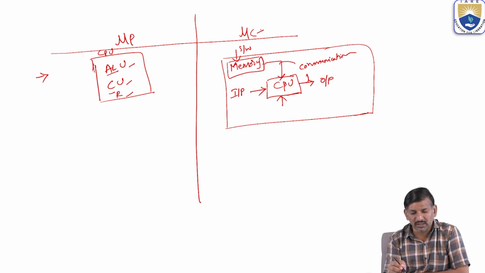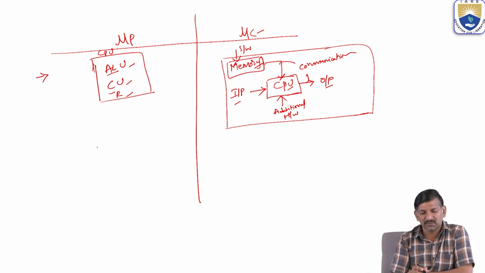If you look at the microcontroller, it is also a single silicon chip that contains an on-chip CPU, memory, input and output devices, additional hardware, and communication peripherals within the chip. This is the first difference.